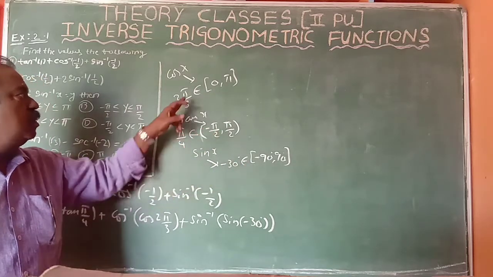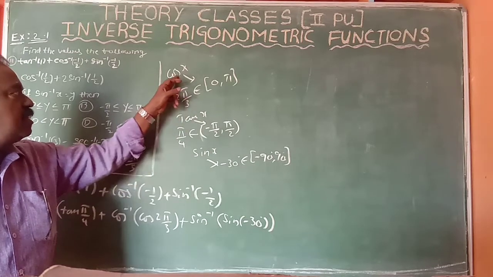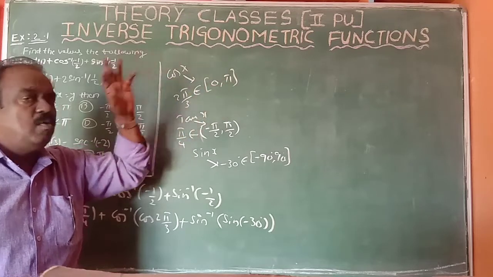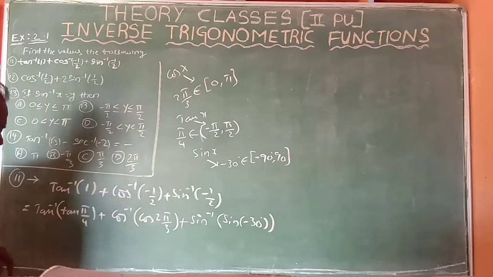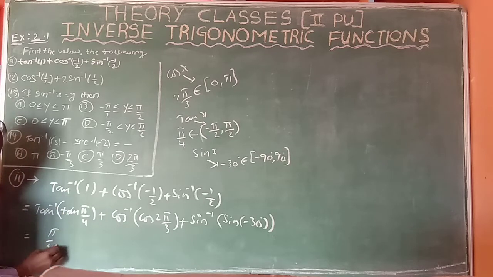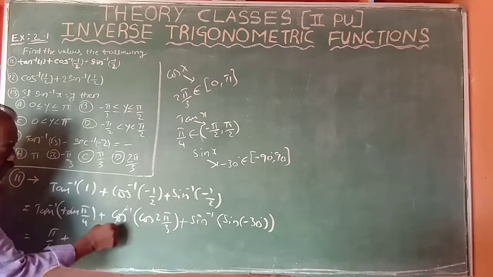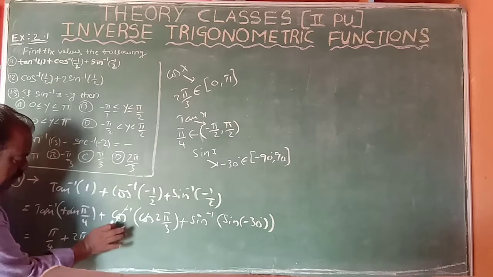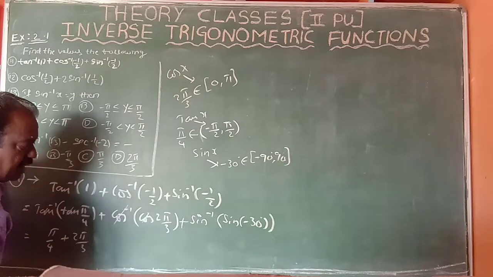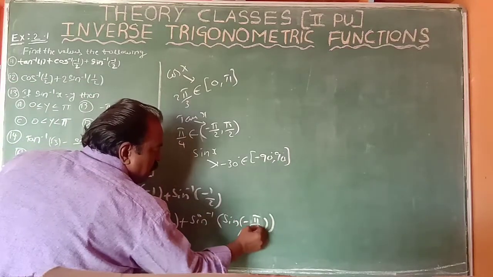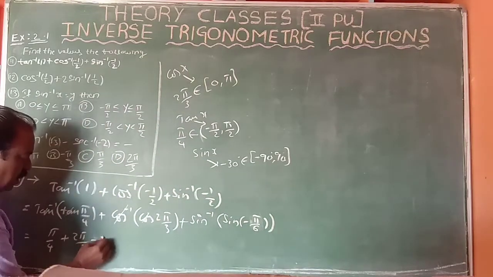In the case of cos, the principal angle is between 0 and 180 degrees, that is pi. Now tan inverse tan cancels, we get pi by 4, and 2 pi by 3, and minus 30, or pi by 6, minus pi by 6.